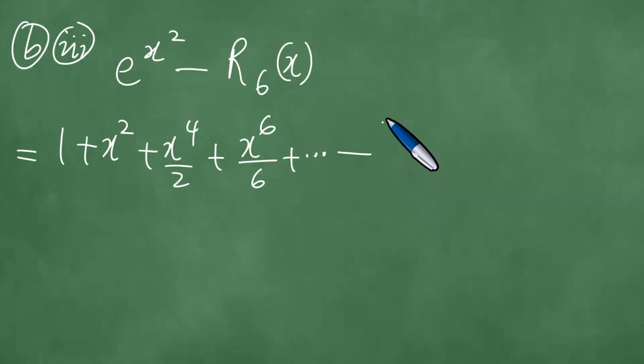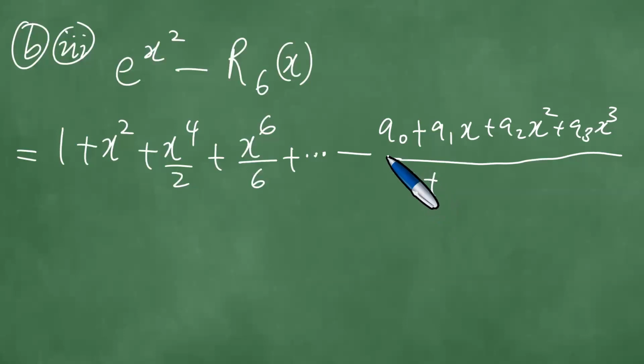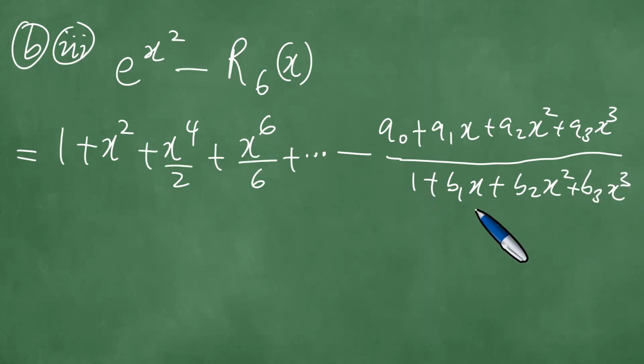It is a naught, a1x, a2x squared, a3x cubed. And then you remember here, always put a 1. But degree 3, so it is b1x, b2x squared. Degree 3, b3 x cubed.